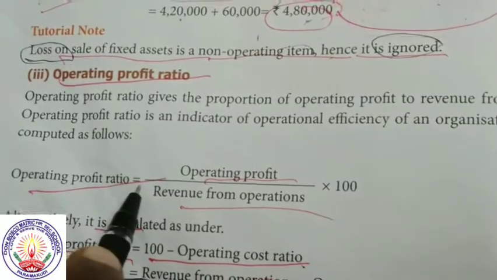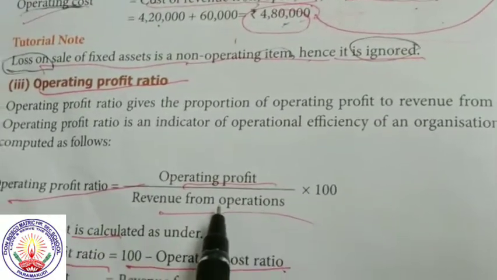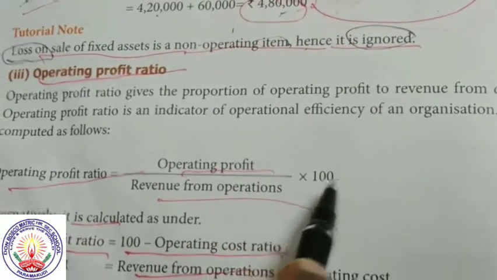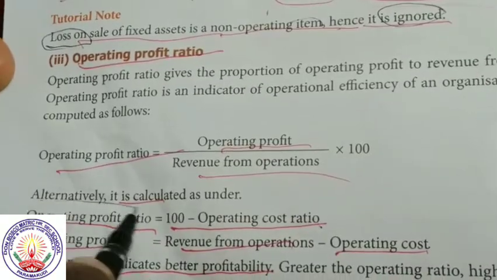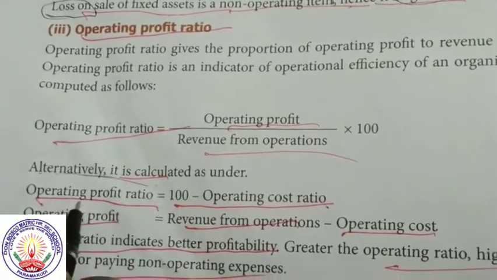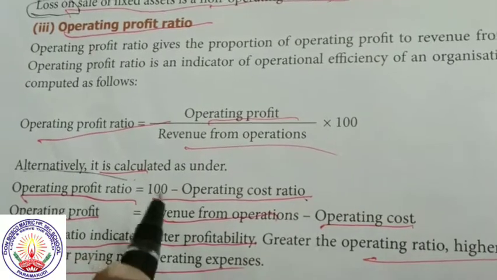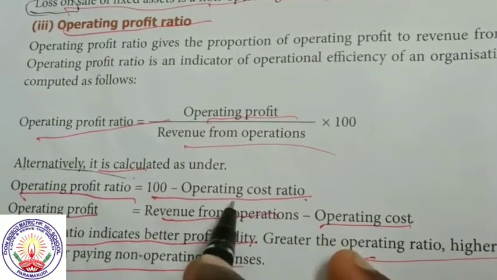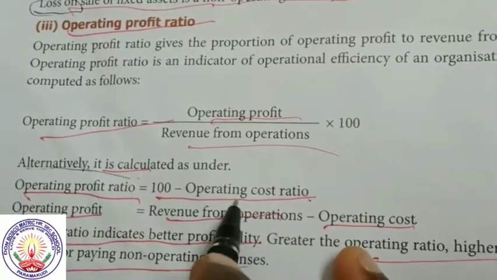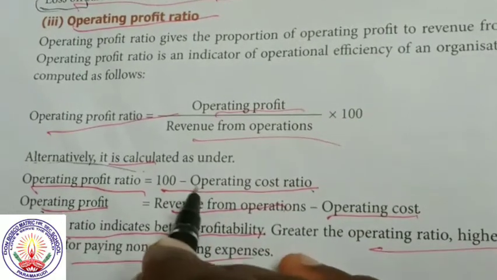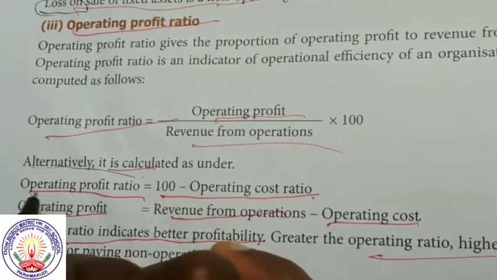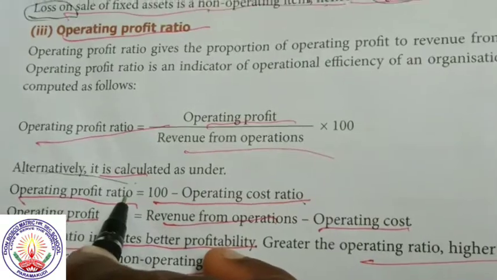Operating profit ratio equals operating profit divided by revenue from operations, into 100. There is an alternative method of calculation: operating profit ratio equals 100 minus operating cost ratio. This is the alternative method for the operating profit ratio.